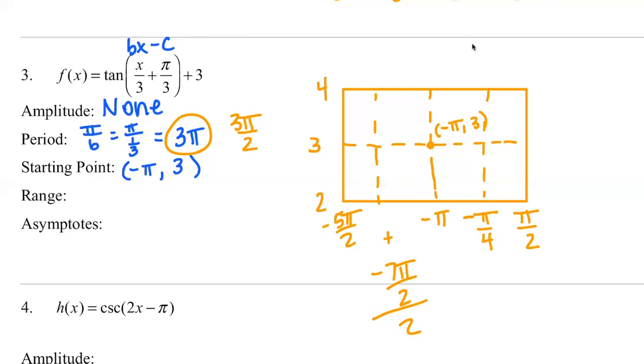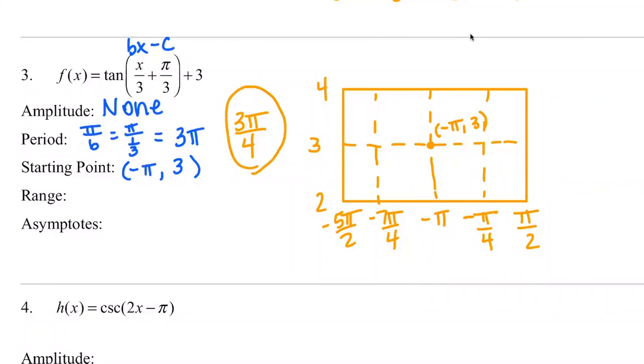Now let's talk about method number 2. If instead you wanted to just take the period and cut it into 4s, we would have 3 pi over 4.